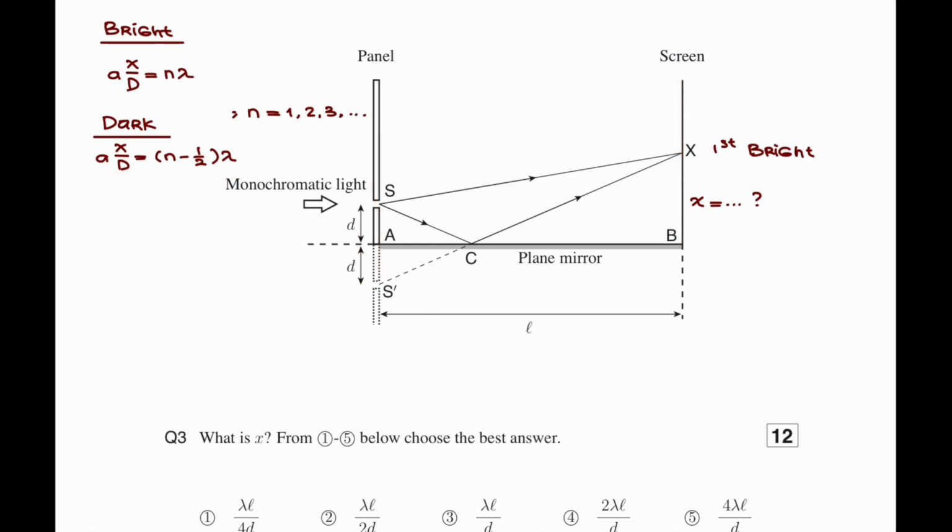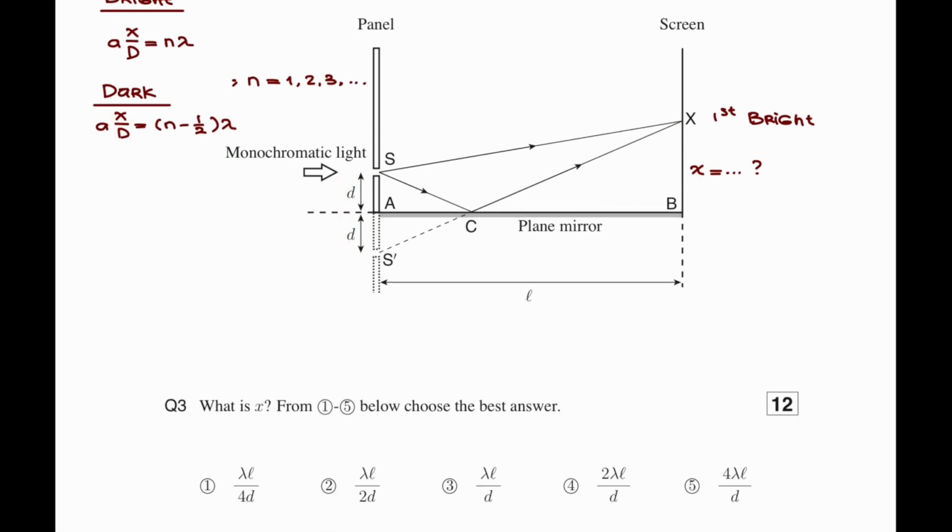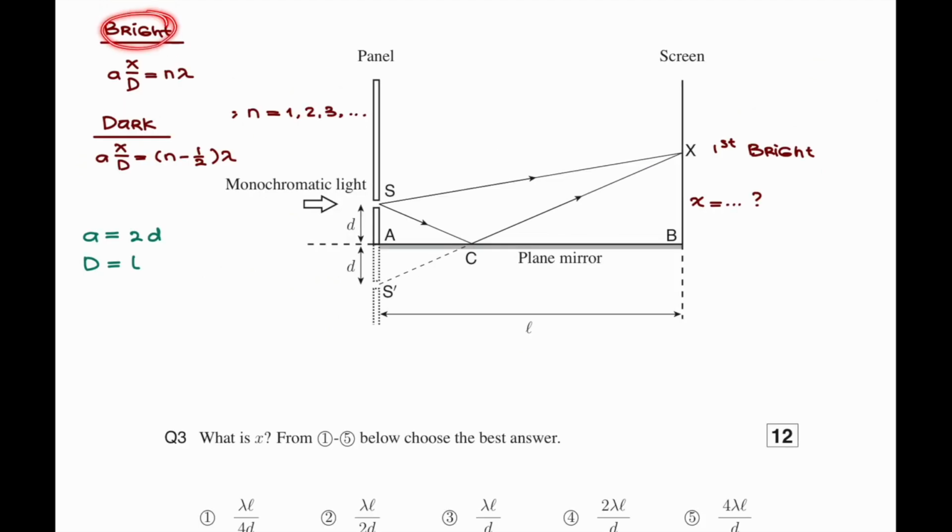So in this question, A is equal to 2D, and then capital D is equal to L. Lambda is the wavelength, and N is the order of the bright or dark fringe.